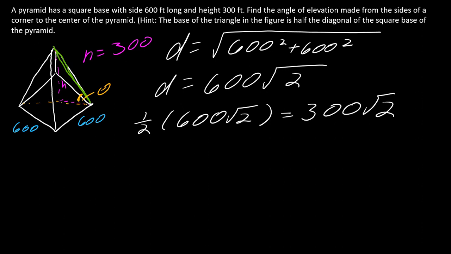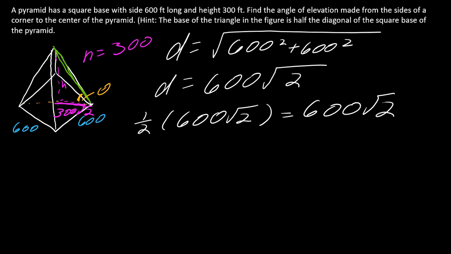Now when you look at this, maybe I'll mark it nice and clear: this will be 300 times the square root of 2. So this height here is 300, and this here is 300 times the square root of 2. I'm trying to find theta, and I know the opposite and the adjacent, so we're going to use tangent here.